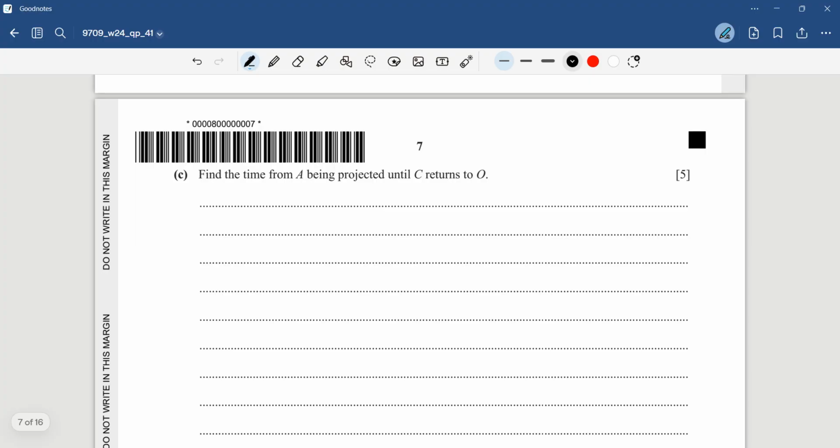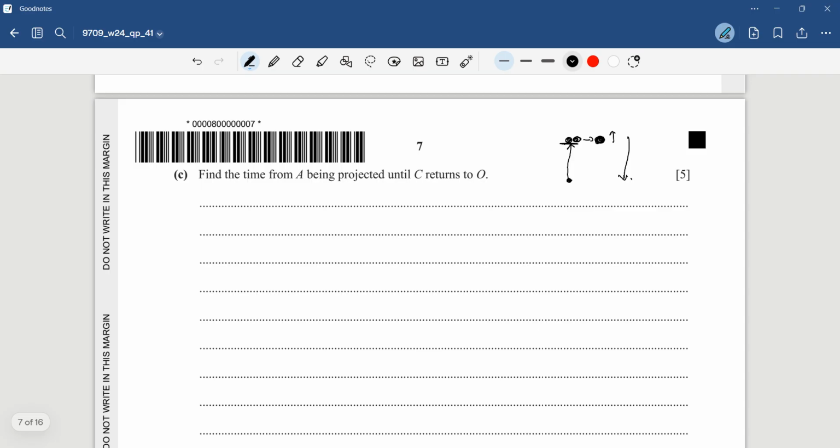Okay, find the time from A being projected until C returns to O. Means, let's say A is projected from here, so the object is going in this direction. And then let's say at this point, A and B collide and become C. Due to the inertia, the object will continue to go upward until it loses all its velocity, and then will come down.